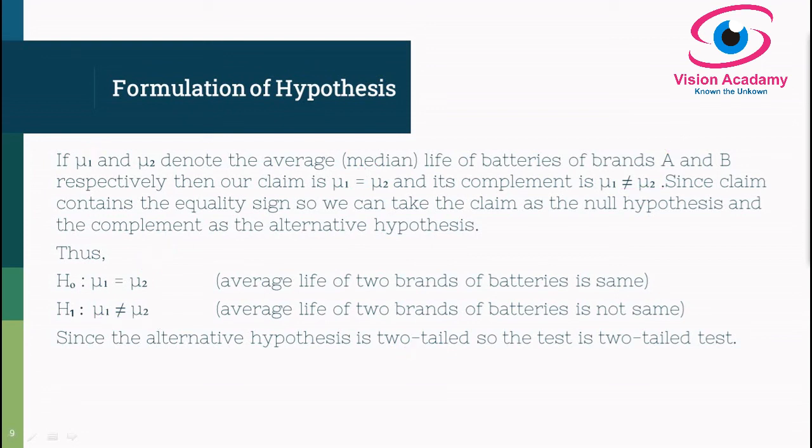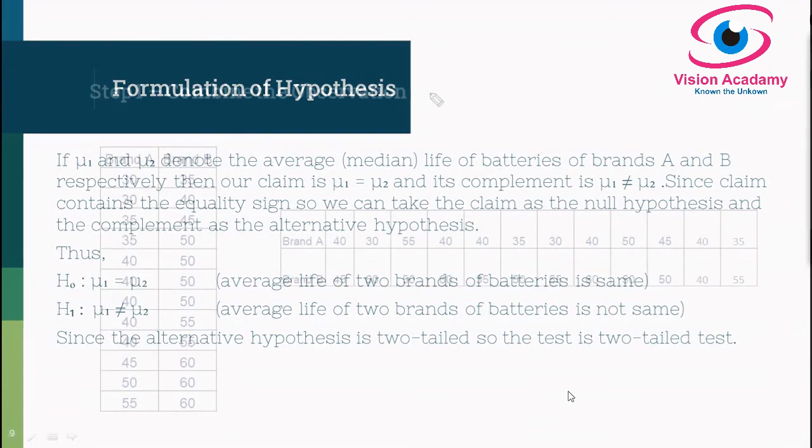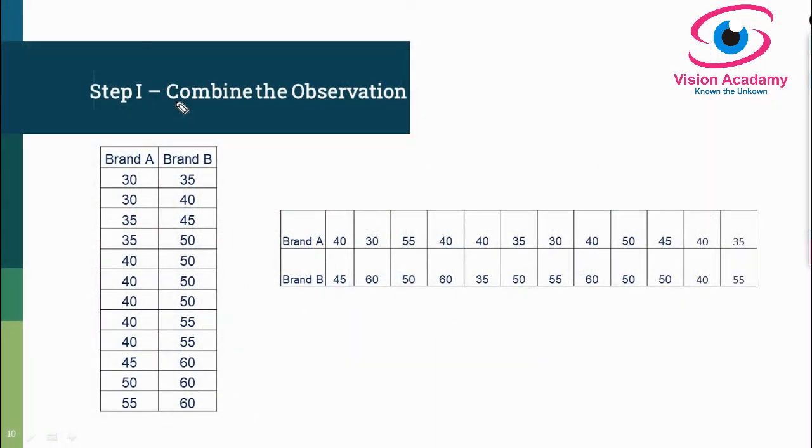Now let us consider the second step in solving Mann Whitney U-test, that is, combine the ranks. Going one by one, the first step is to combine the observations. Since we have two populations here, brand A and brand B, we have to combine the observations given in the problem in ascending order, from smallest to largest value.